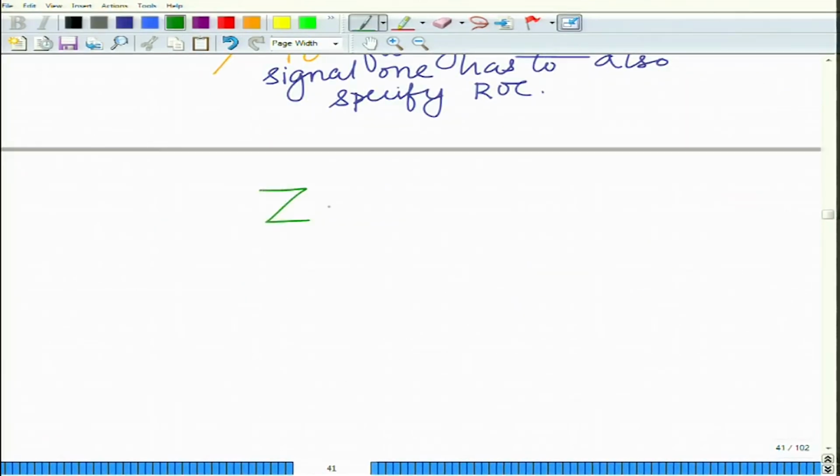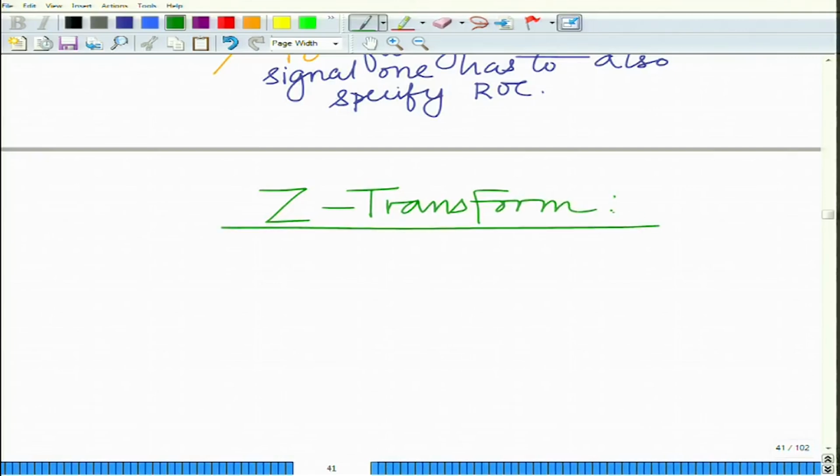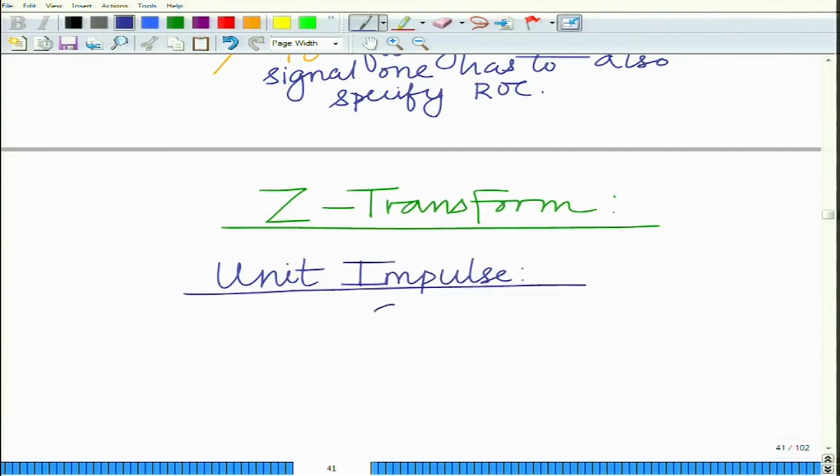Z transform. Let us start with the most fundamental signal, which is the unit impulse, the Kronecker delta or the discrete impulse, which is equal to 1 if n equals 0 and 0 if n is not equal to 0.